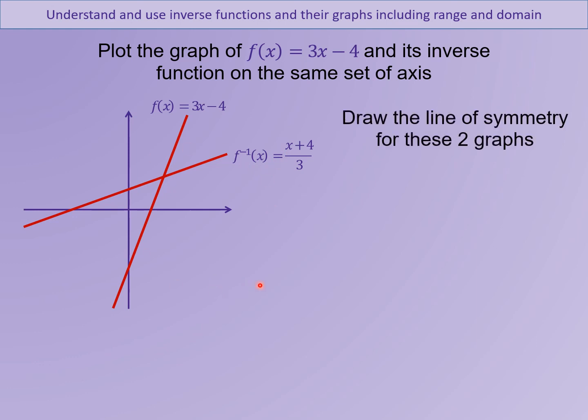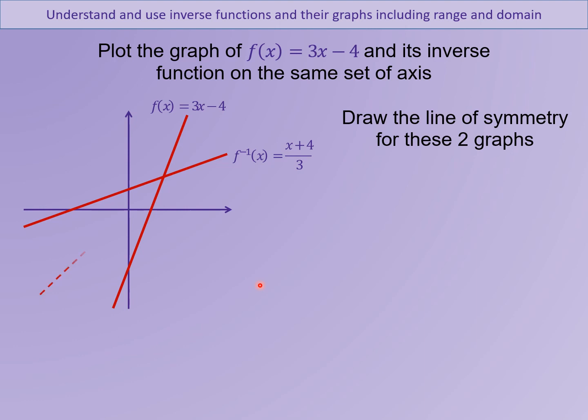Right, what I'd like you to do now is draw the line of symmetry on those two graphs. Depending on how accurate it is, have a go at drawing your line of symmetry and see if you can work out the equation of that line of symmetry. So again, I'll pause and let's see how you got on.